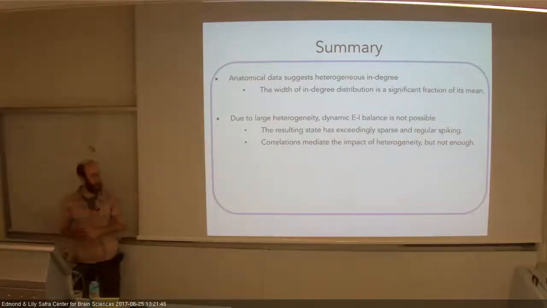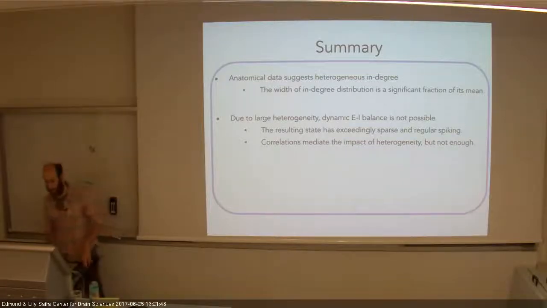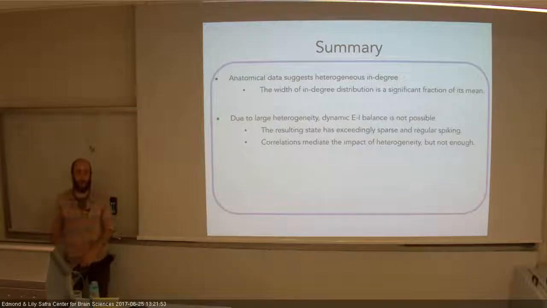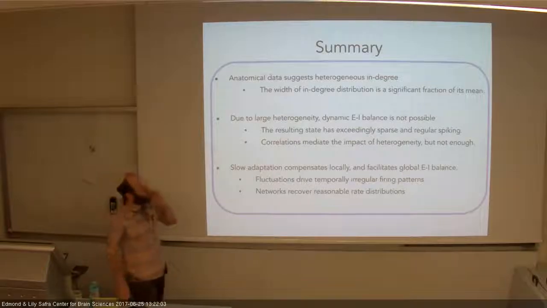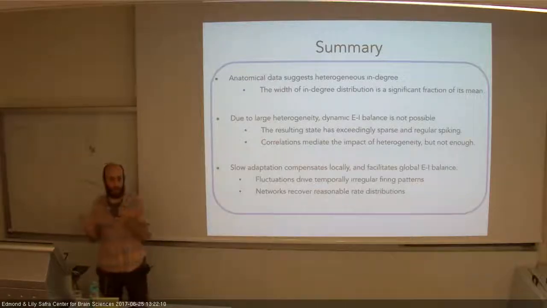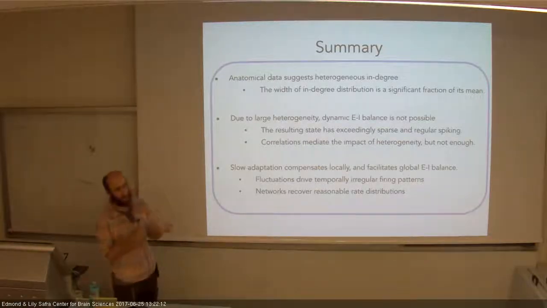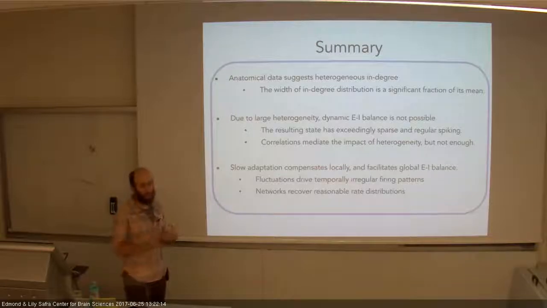Correlations between E and I in-degrees can mitigate the impact of the heterogeneity, but according to our theory and simulation results they are not enough to really recover balance and fluctuation-driven dynamics. And we showed that slow adaptation currents, at least close to biologically plausible parameters, can facilitate this global balance, with a novel dynamics involving an interaction between this local single cell property and the global balance.